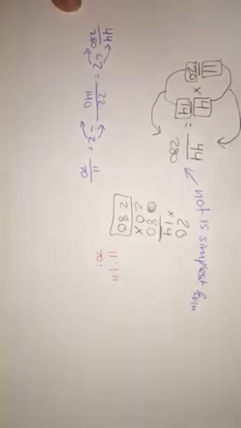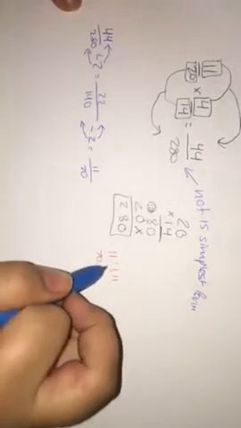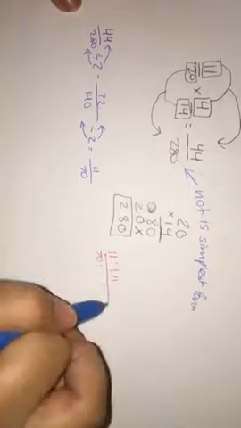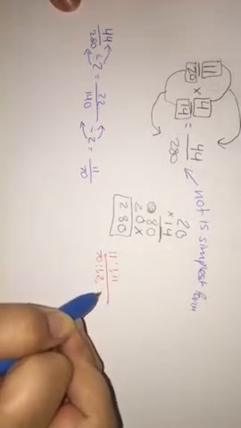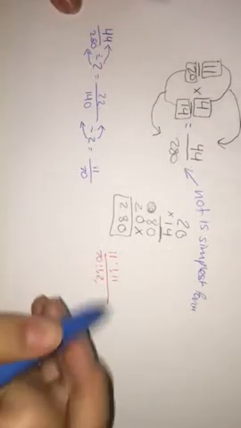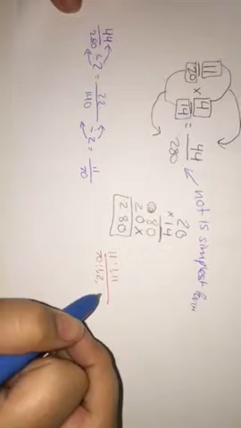1 and 11 are the factors of 11. 70 has 1, 2, no 3, no 4, 5, no 5.